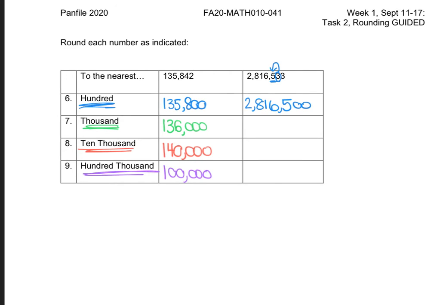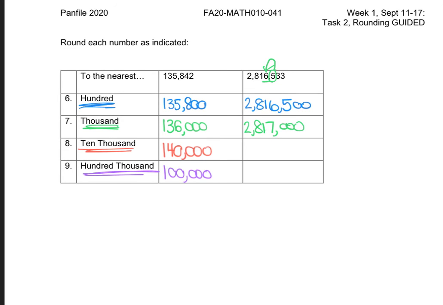The other 2 become zeros, okay? The 1,000. 6 is the 1,000, which makes 5 the bus, right? The bus that gets driven, or the driving bus. So 5 turns the 6 into a 7. It bumps it up. So I get 2, 8, 1, 7, 0, 0, 0.